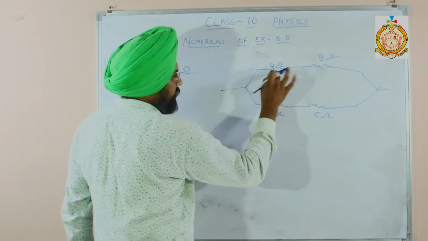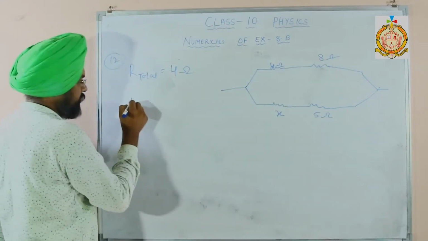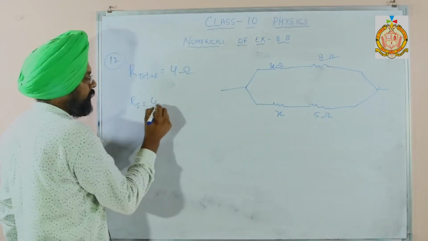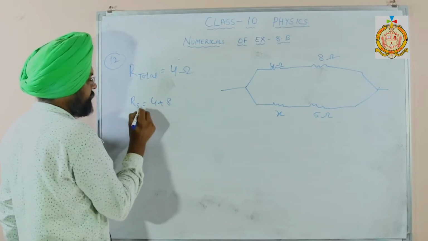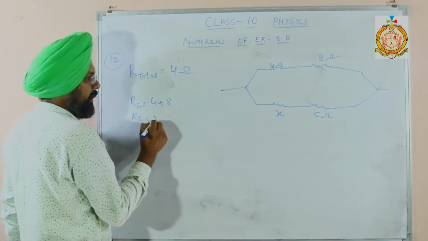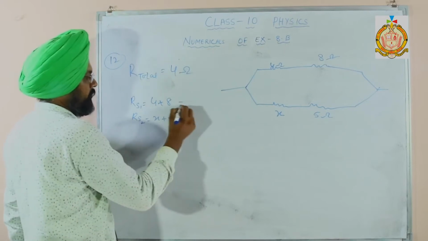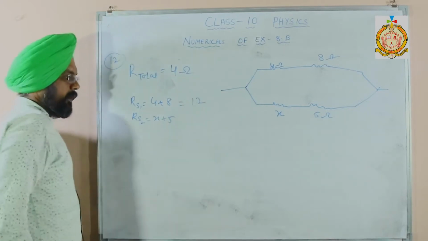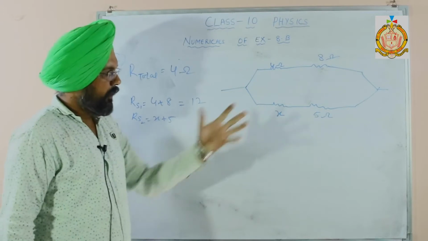So these two are in series. R series 1 is equal to 4 plus 8, and R series 2 is equal to X plus 5. So this will become 12, and this will become X plus 5 only.